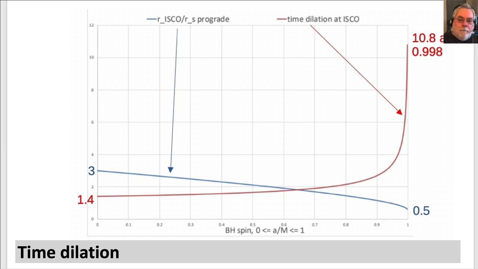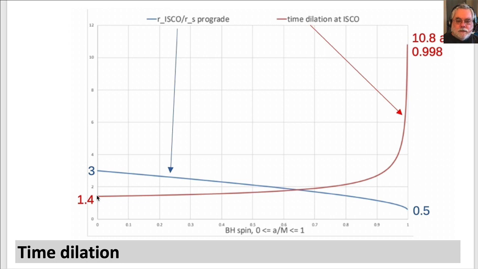Time dilation. We also have higher time dilation and gravitational redshift for the prograde ISCO than for a non-rotating black hole. This is the red curve. The maximum time dilation for a non-rotating black hole ISCO is 1.4.